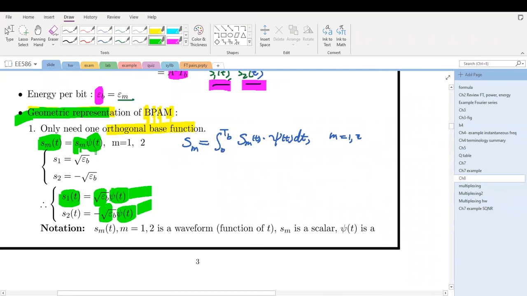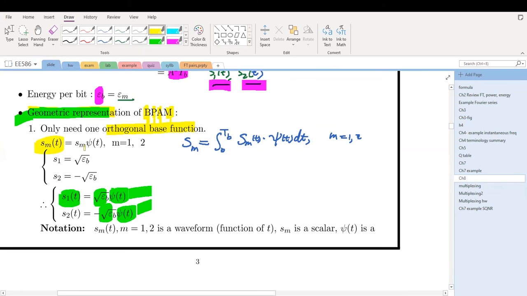So this orthogonal base has to have a similar shape to the pulses. And this scalar can be positive, can be negative. So we do not worry about the magnitude, but we worry about the shape, the time shape.